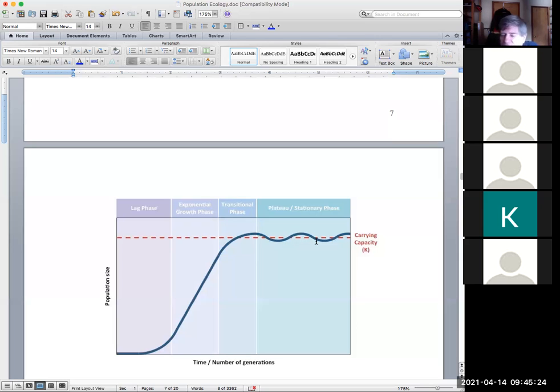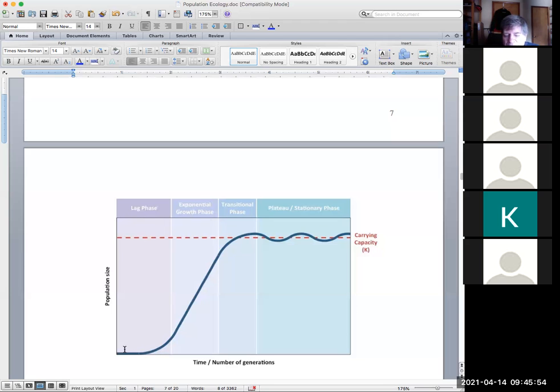So we see these fluctuations, and these can occur over a long period of time. It's hard to tell from this graph, but notice that the fluctuations aren't necessarily exactly the same size. They can vary. Sometimes they're a little bit bigger, sometimes a little bit smaller. And actually, when we're studying populations, these different stages of the graph that are shown in different colors have different names.